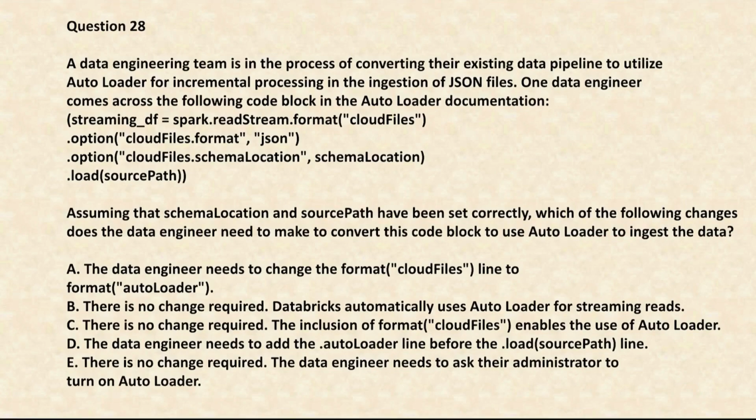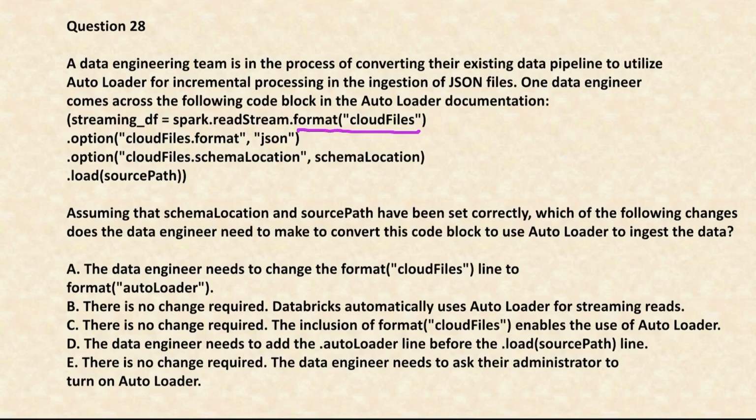The autoloader has a functionality: if you have the read stream here and you have mentioned the format as cloud files, it detects that it is an autoloader query. So the inclusion of the format cloud files enables the autoloader itself. One option says the data engineer needs to change the format cloudFiles line to format autoloader.